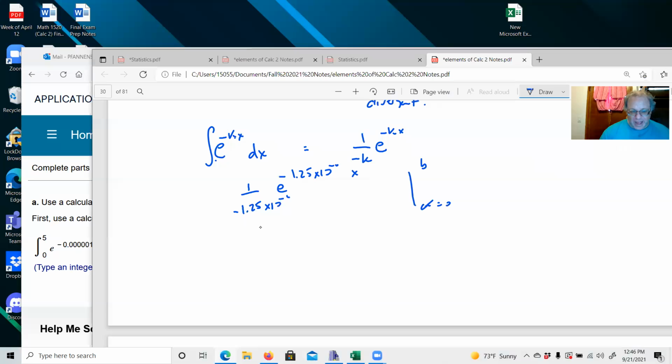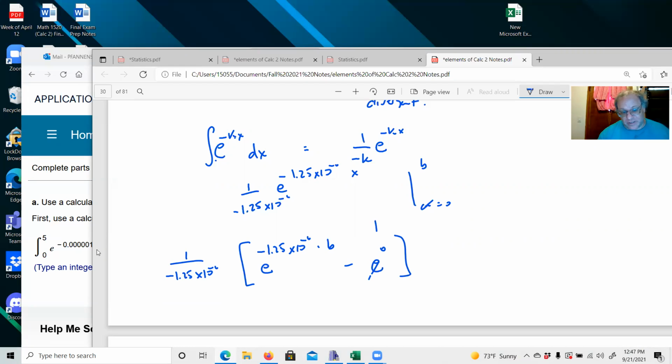So what do we have here? We have 1 over negative 1.25 times 10 to the negative 6, and we have e to the negative 1.25 times 10 to the negative 6 times b, minus e to the 0, and this is going to be 1.